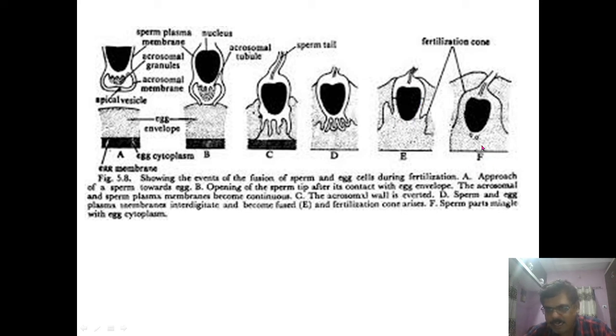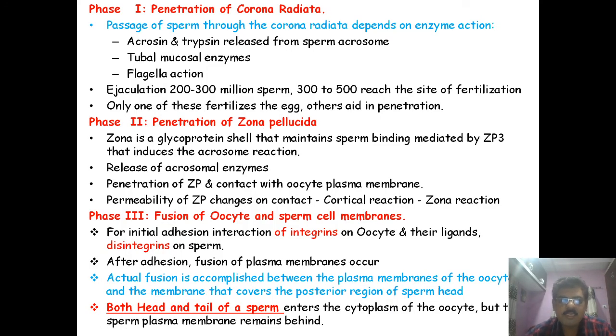And lastly, in F, the sperm gains entry into the ooplasm, or the egg cytoplasm, for the fusion process. So these are the steps related to the process of fertilization.